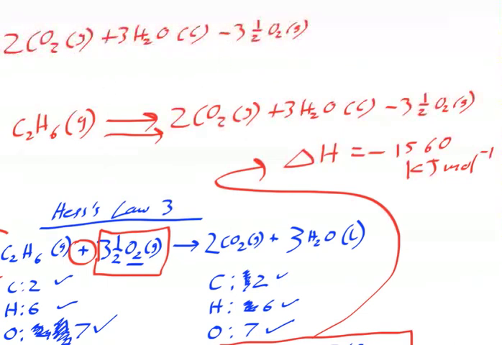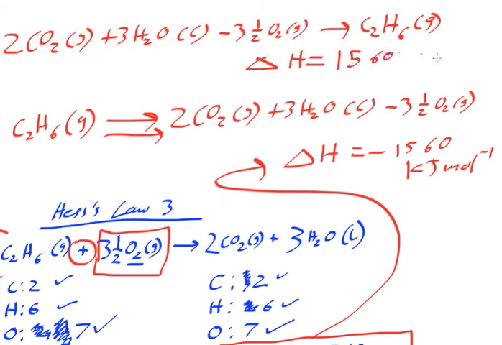There we are. That's going to go to C2H6 as a gas. And whenever I flip the direction of an equation, I've got to multiply the delta H by -1. So my delta H is now equal to 1560 kilojoules per mole.